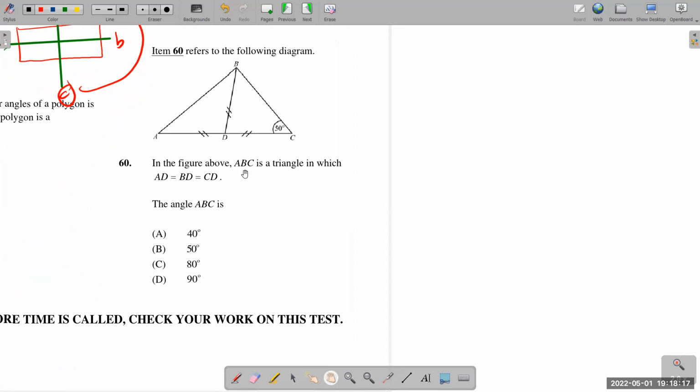In the figure above, ABC, so let's look for where that is. ABC, that's the bigger triangle, in which AD and BD and CD are all equal. The angle ABC, so where's ABC?